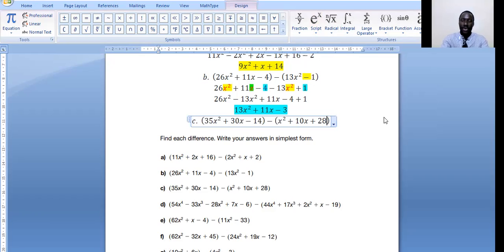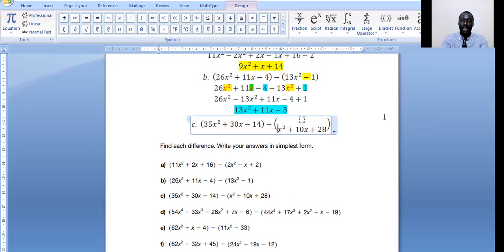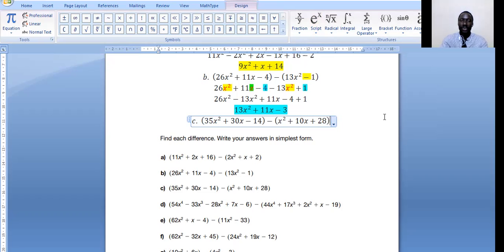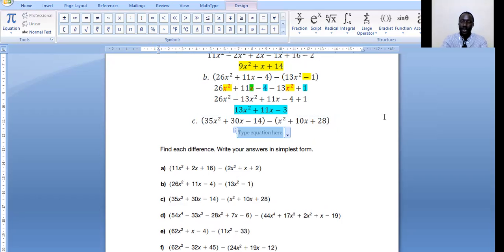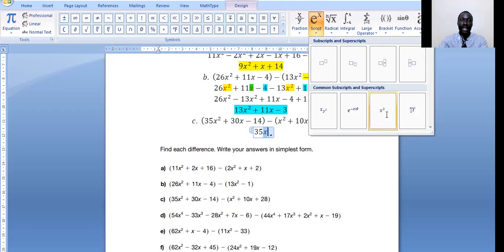Well, how do we subtract this? Before we subtract these ones, the thing we want to do is open the bracket. Meaning we are going to write 13x squared, this time without a bracket.